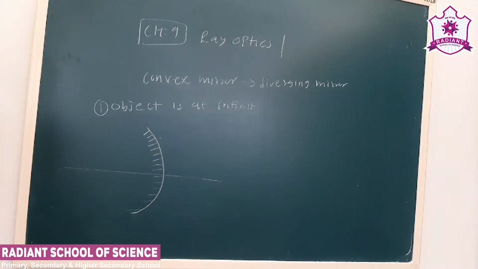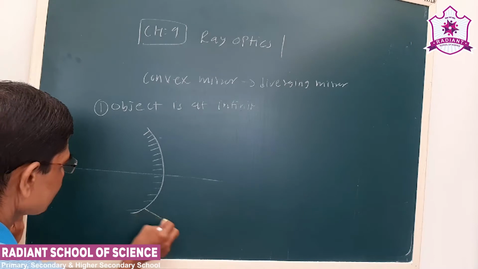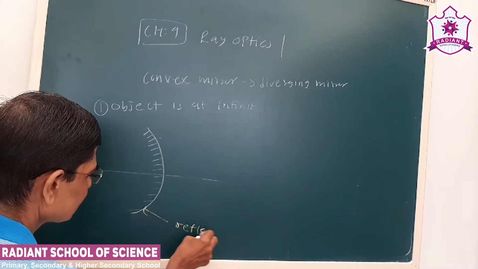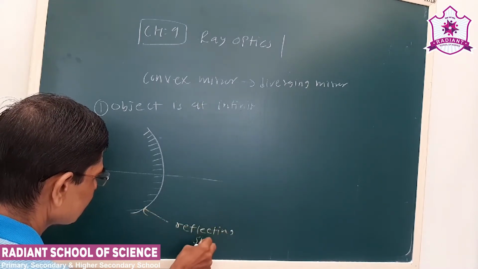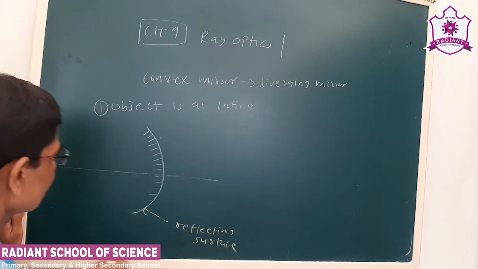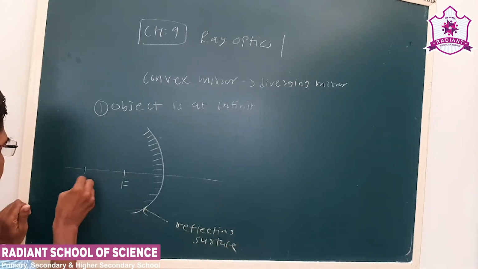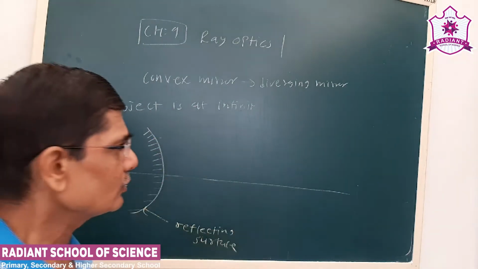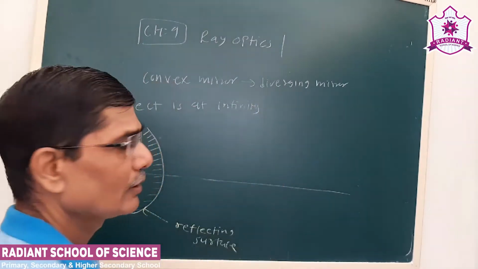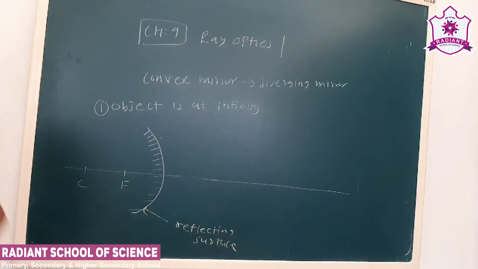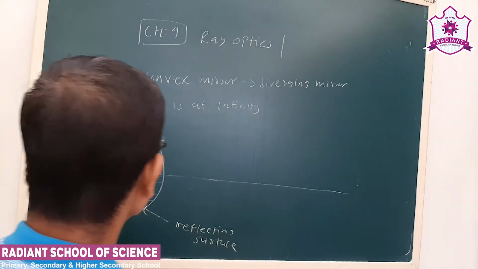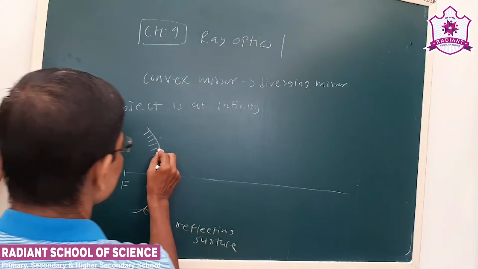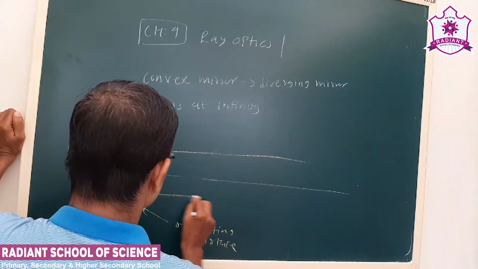Now see here, this surface is a reflecting surface. Here we assume that the object is at infinity. The rays coming from infinity we consider paraxial rays, that is, parallel to the principal axis.